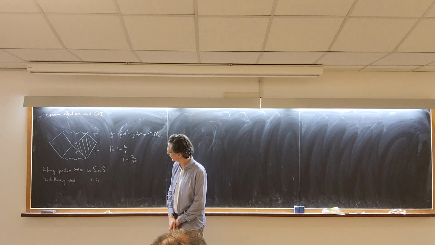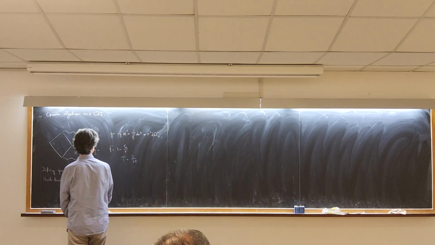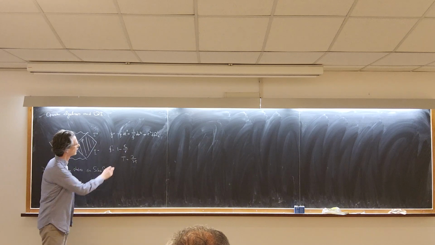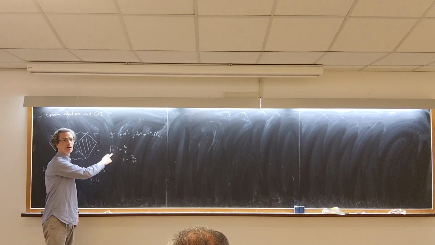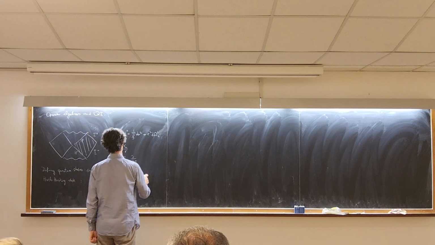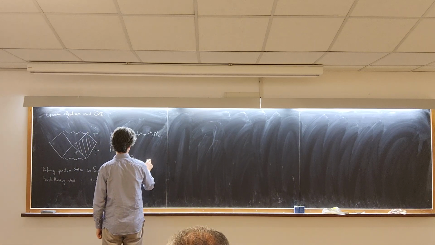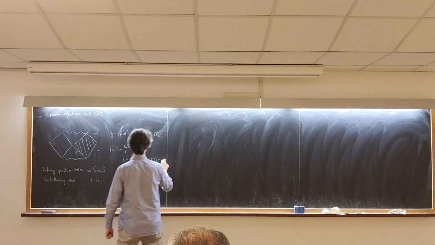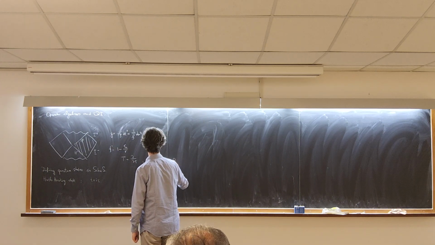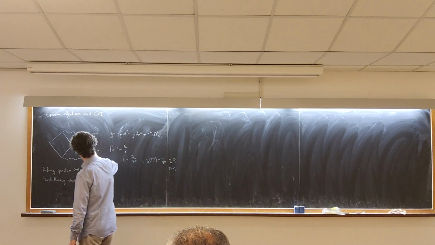However, you have to be a little careful because this f goes to 0 when r goes to r plus. It reflects that the norm of the Killing field component is 0 when r is r plus.